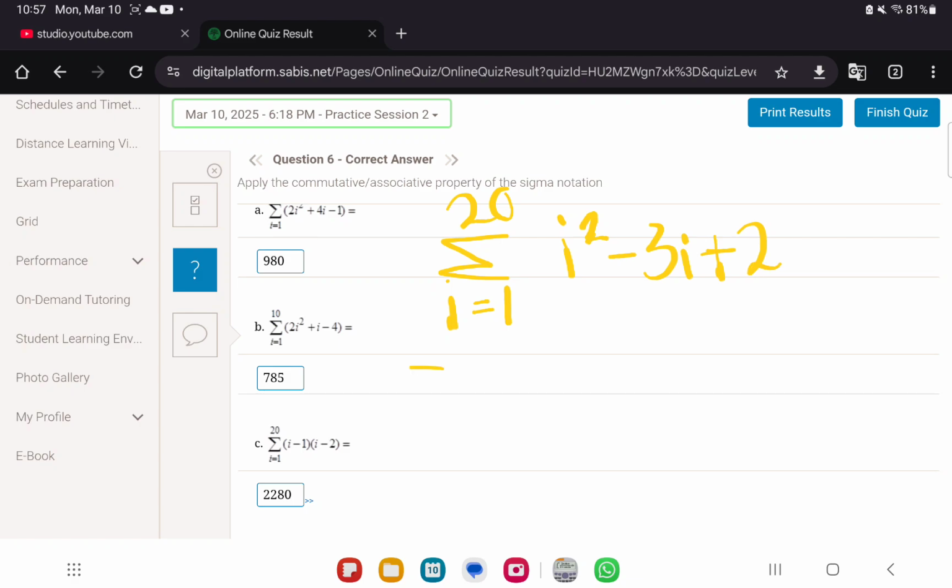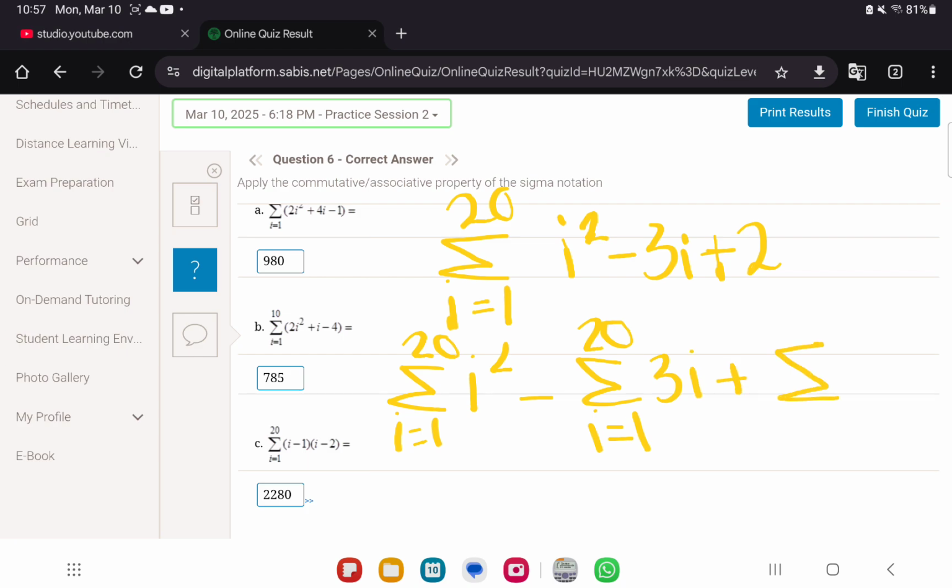We do sigma, or whatever it's called, sorry. Sum of I squared, I equals 1 to 20, minus the sum of 3I, I equals 1 to 20, plus the sum of 2, I equals 1 to 20.